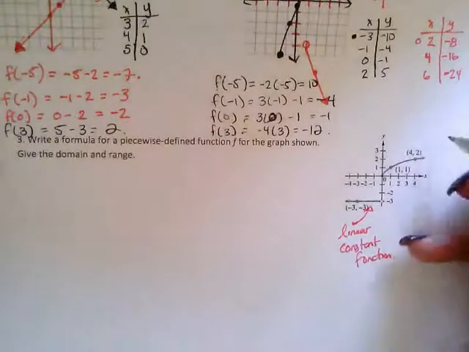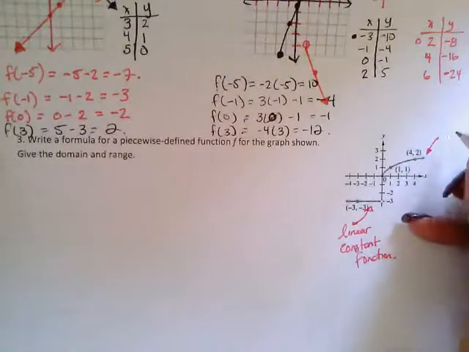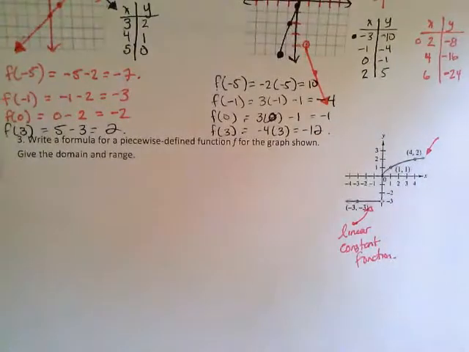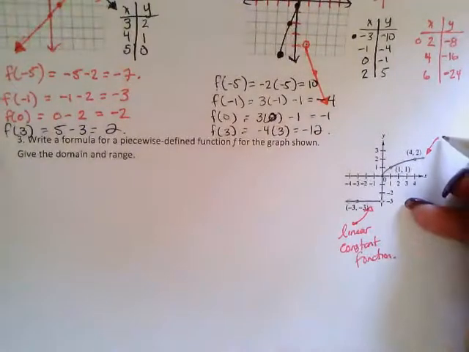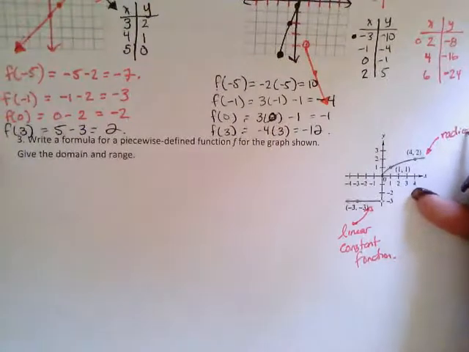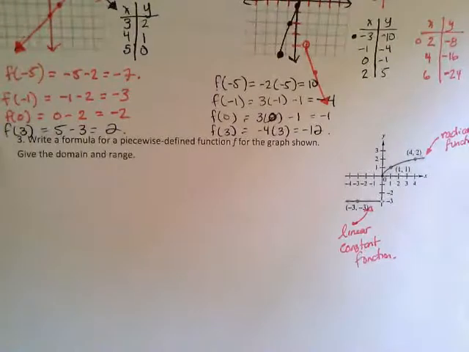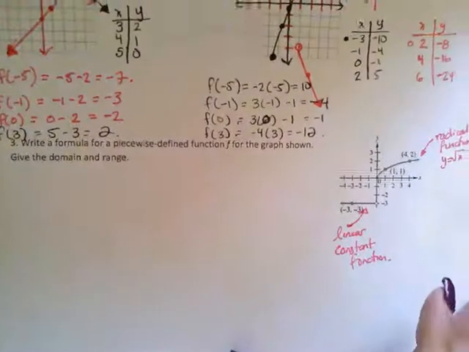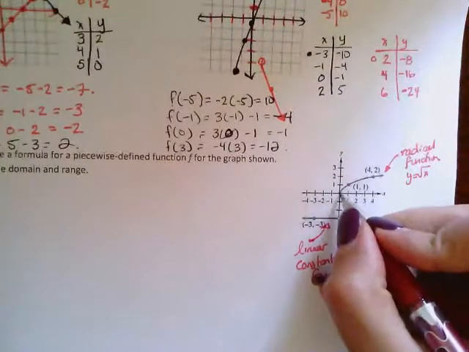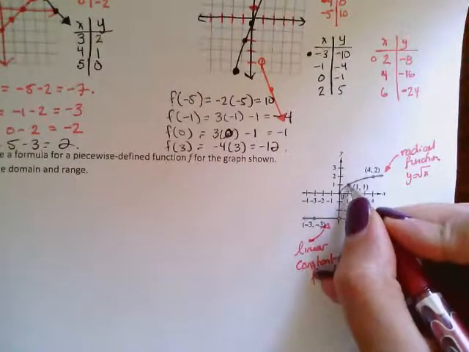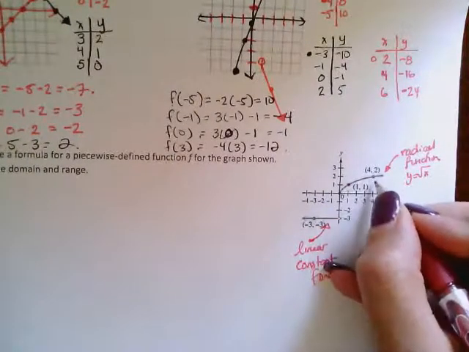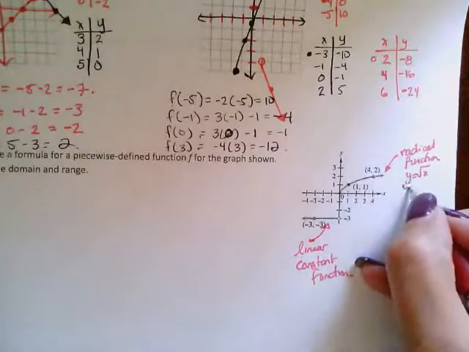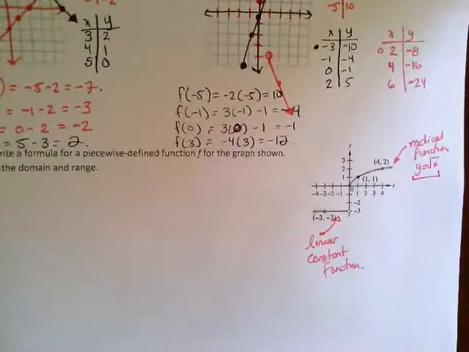And then what kind of function is this? You guys should be able to spot that this is a radical function. And let's see if it's the parent function y equals square root of x. So square root of 0 is 0, square root of 1 is 1, and square root of 4 is 2. So this looks like it is the radical function.